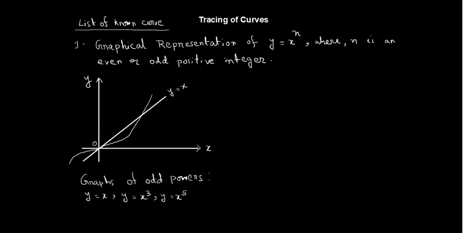Will be something similar like this. This will be y equal to x cube, and for y equal to x 5, similarly it will go, and this point x equal to 1 and y equal to 1. This point is 1 1.